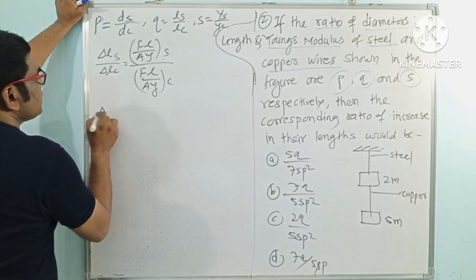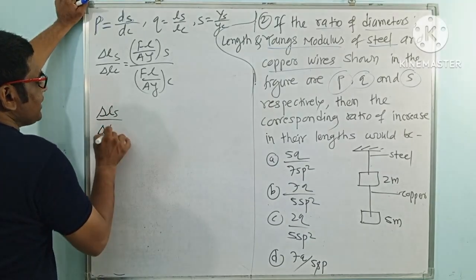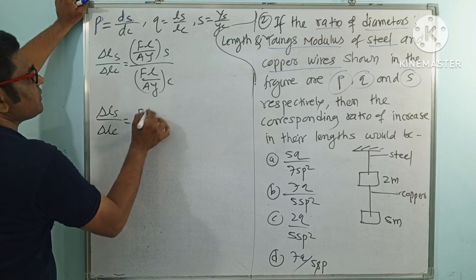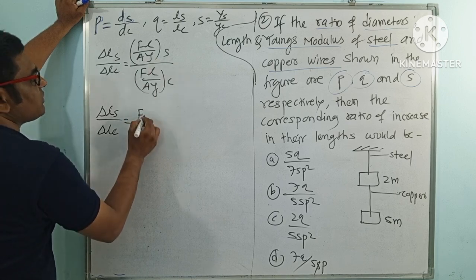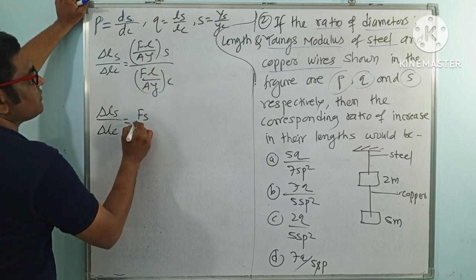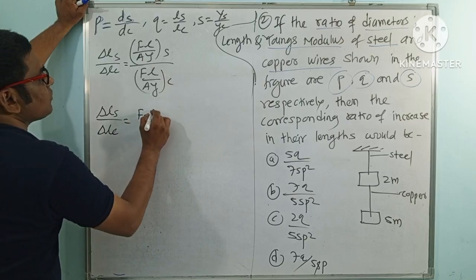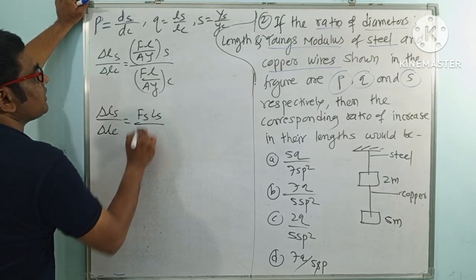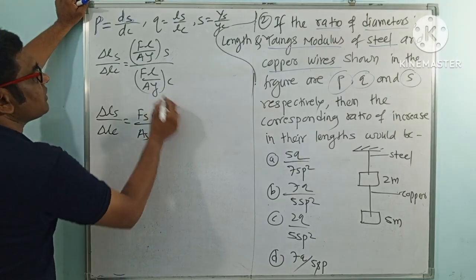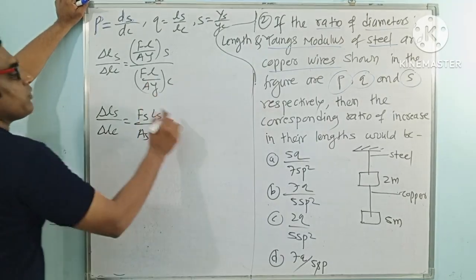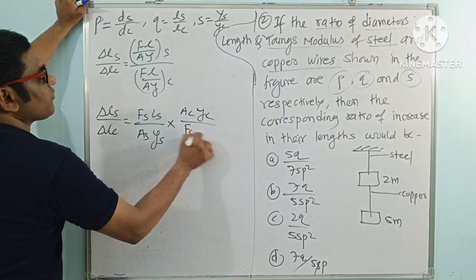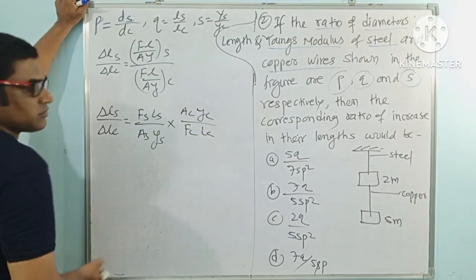Arrange this. So delta LS by delta LC is equal to what you can write? Force of steel into L of steel divided by A of steel into Young's modulus of steel, into, this will go up, area of copper, Y of copper, force of copper and L of copper.